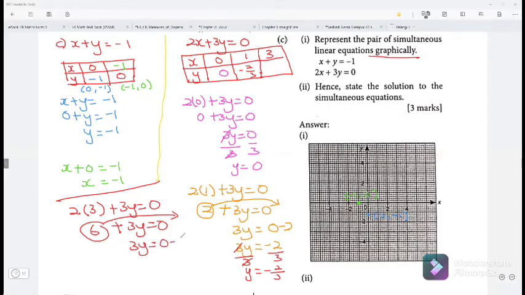You will get 0 minus 6. So 3y, you will get negative 6. And you will say, teacher, I don't want the 3. So you just simplify both sides. Then eventually you will get y equals negative 2.